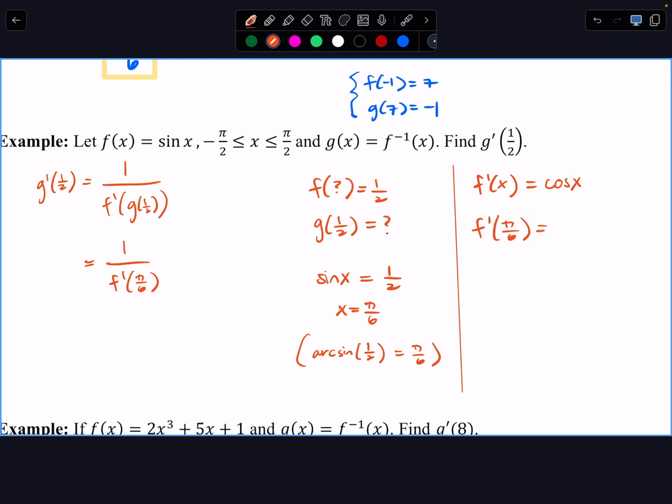So f prime of pi over 6 is cosine of pi over 6. What's cosine of pi over 6? Good. So 1 over root 3 over 2, that would just be the reciprocal, which is 2 over root 3, or 2 root 3 over 3.